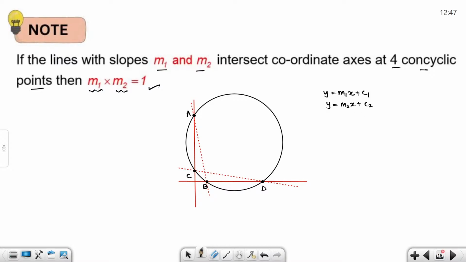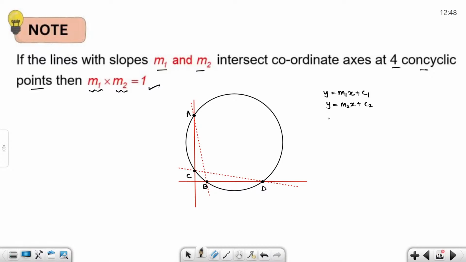Now A, B, C, D, these 4 points are concyclic. Then the slopes of these two lines are related by m1 into m2 equals 1. This I will prove.